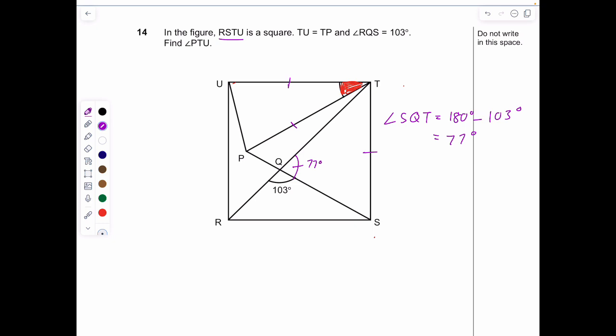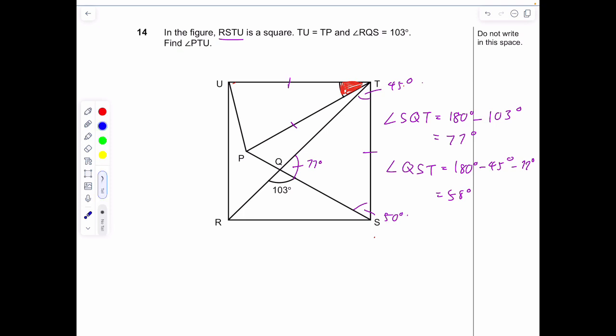Now, we also know that this part over here is 45 degrees because this is a right angle that is divided into two diagonally. So granted that we have this angle and this angle, we can go ahead and find this particular angle over here, which is actually angle QST. That will be 180 minus away 45 minus away 77. And that will leave us with 58 degrees.